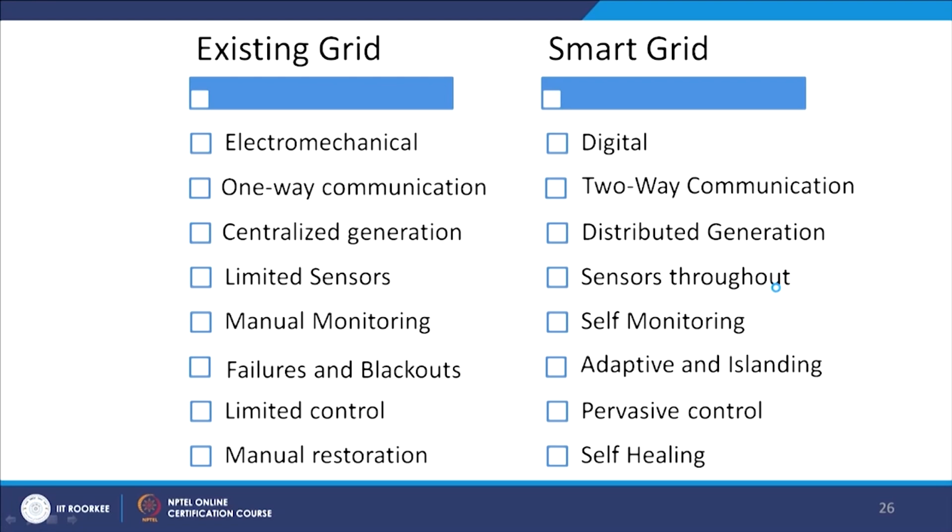The existing grid has manual monitoring and the smart grid will be self monitoring. The existing grid may come across failures and blackouts, but the smart grid will convert them into adaptive and islanding modes of operation. The existing grid has limited control mechanisms and the smart grid will have pervasive control mechanisms, and the existing grid achieves manual restoration while the smart grid is expected to have a self healing mechanism.